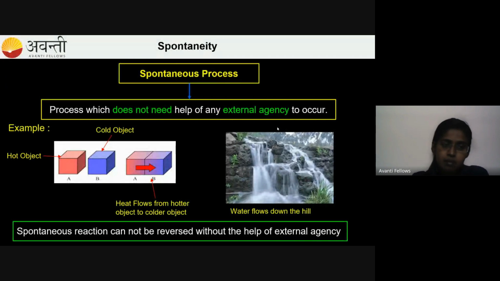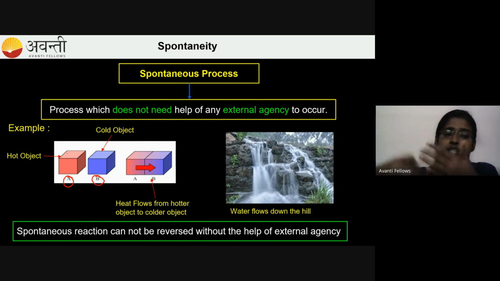For example, I'm having an object A that is a hot object and also an object B that is cold. If I bring these two blocks together, what happens? Heat will flow from the hotter object to the colder object, right? I just brought the two blocks together, that's all.